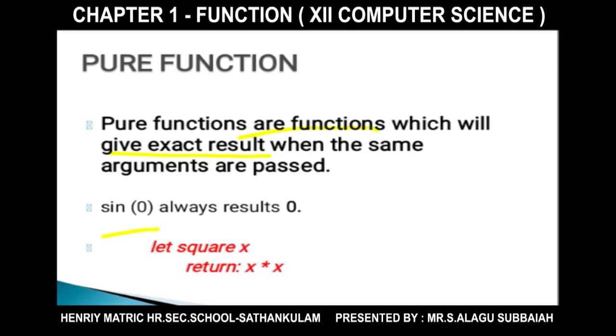Suppose I pass 5 to x, it will return 5 into 5, which is 25. It always returns the same value. If I give 5 as the input, it always returns 25 as the output. So here the square function is also a pure function.